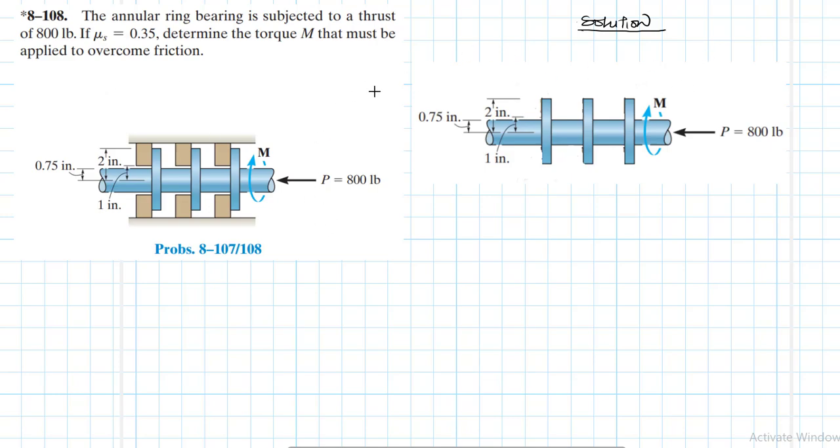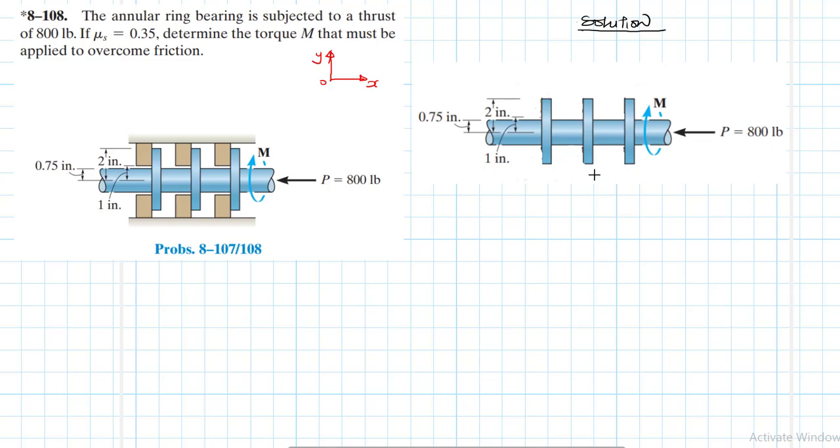Right, so let's draw our coordinate system that we are going to use. This is our x and this is our y, positive, and z is coming out of the screen.